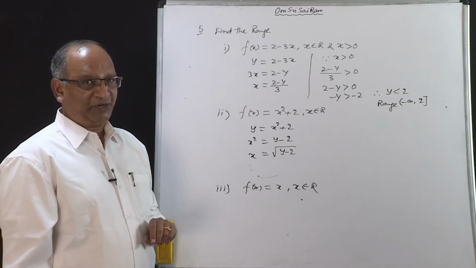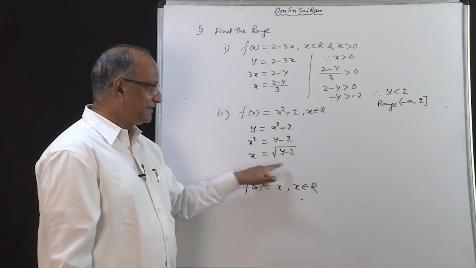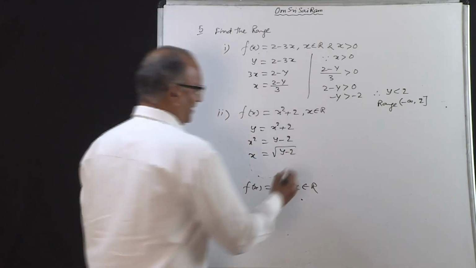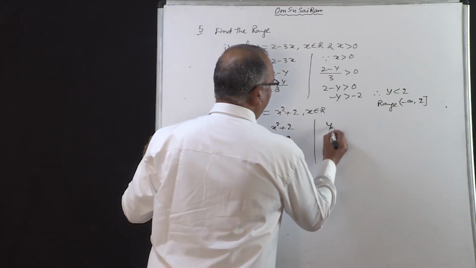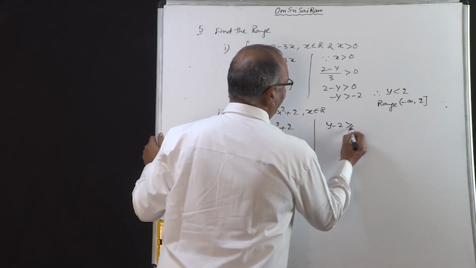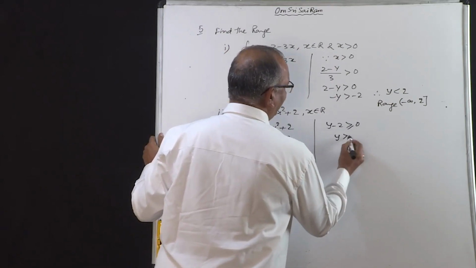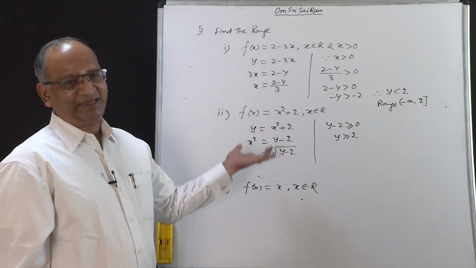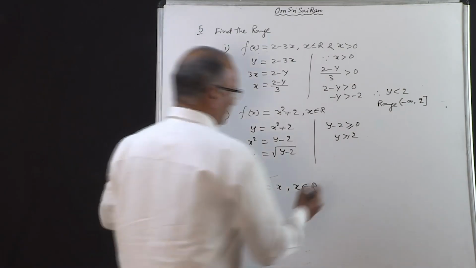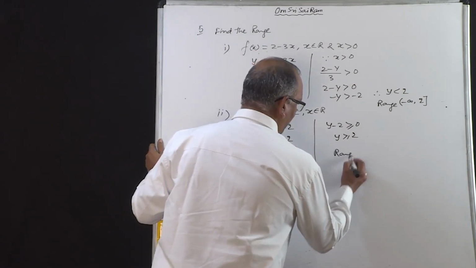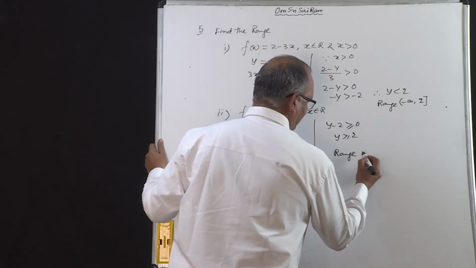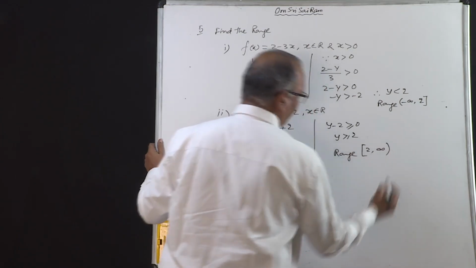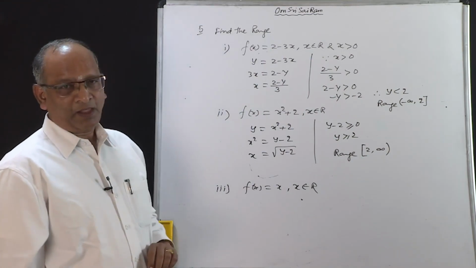We must ensure that inside the square root it is positive. So how do you ensure that? We will say y minus 2 is greater than or equal to 0. So y is greater than or equal to 2. So this is the range. For this problem the range is starting from 2 up to infinity. All real numbers.